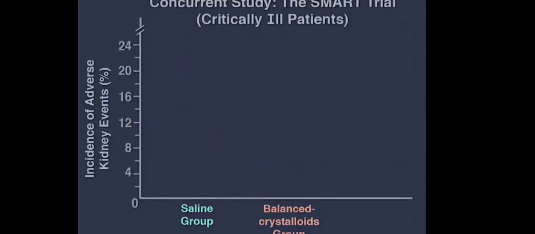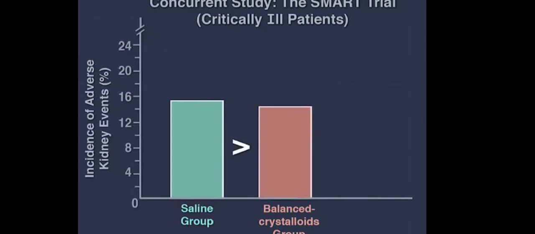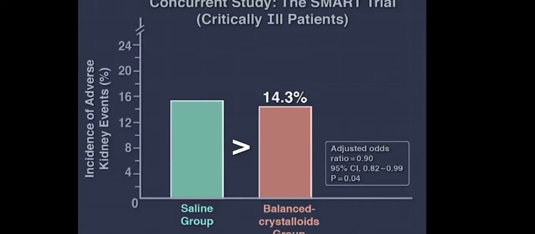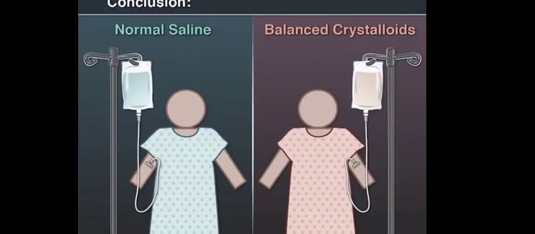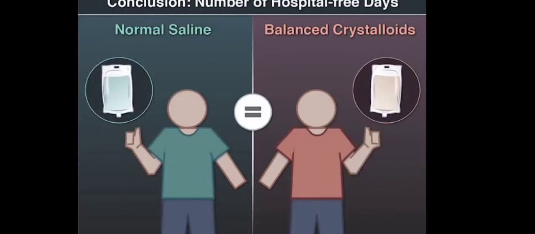A concurrent study performed among critically ill patients also showed a reduction in major adverse kidney events within 30 days, 14.3% with balanced crystalloids versus 15.4% with saline. The authors conclude that among non-critically ill adults, balanced crystalloids and saline resulted in no difference in hospital-free days.